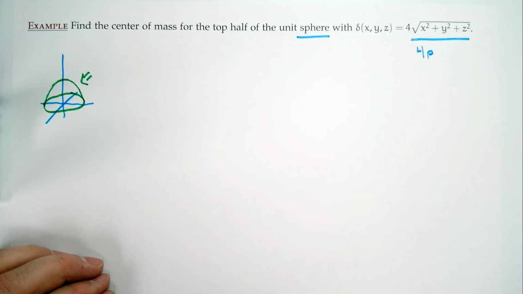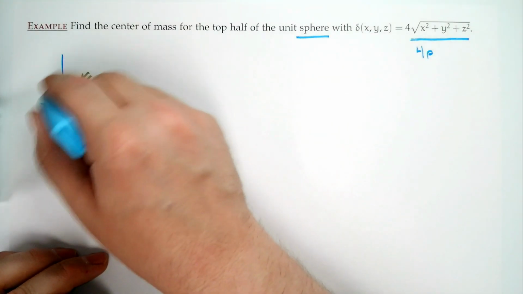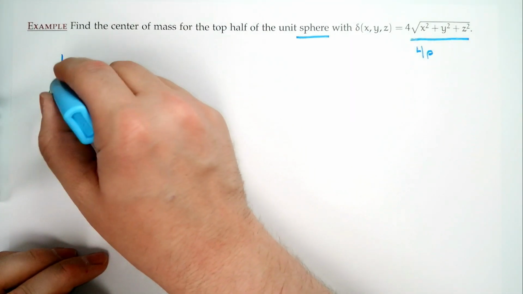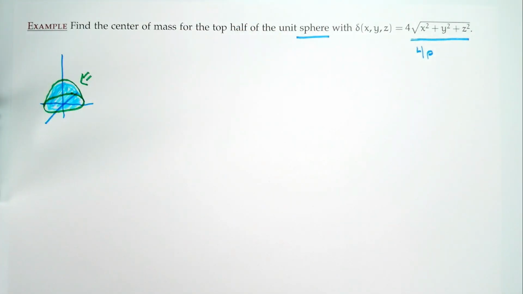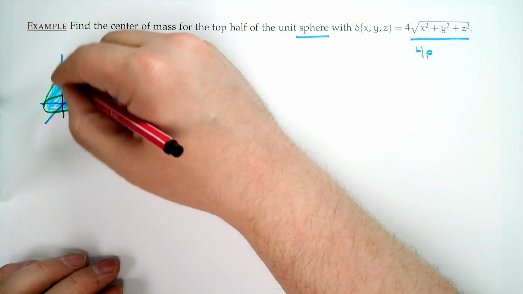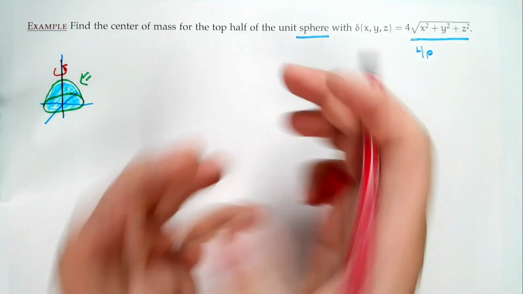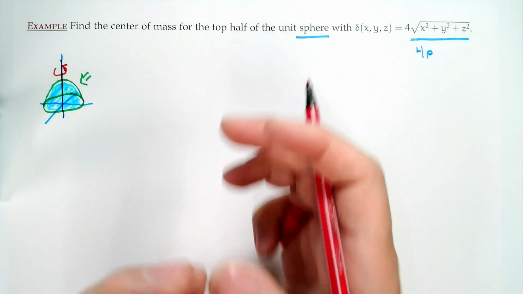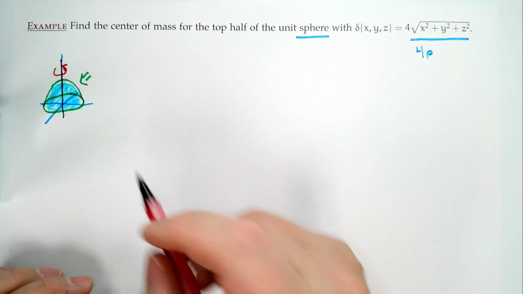Now, a couple of things that we should, of course, automatically know. When we look at our shape here, one thing to note is that this shape has a lot of symmetry, in particular with respect to the z-axis. If I rotate around the z-axis, I maintain the same shape, but I'm also going to maintain the same density.